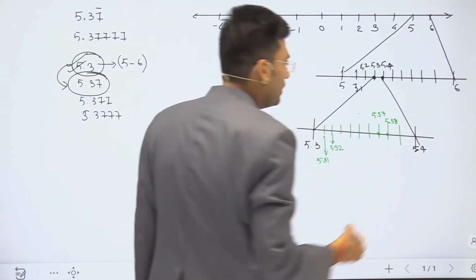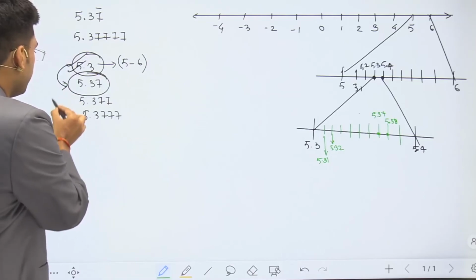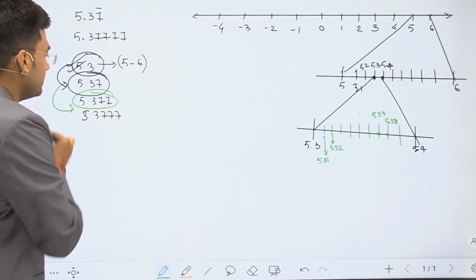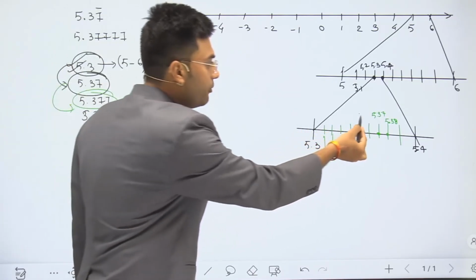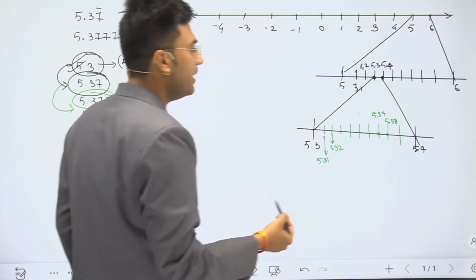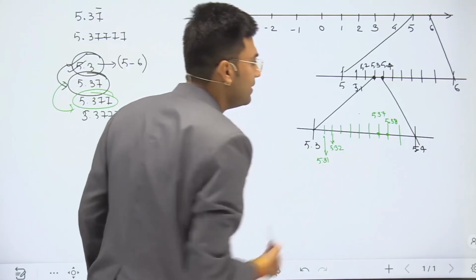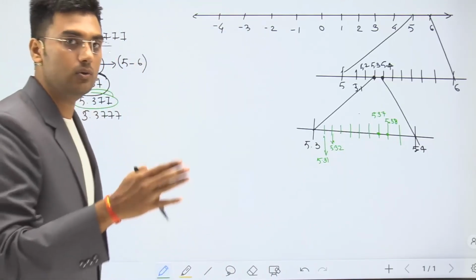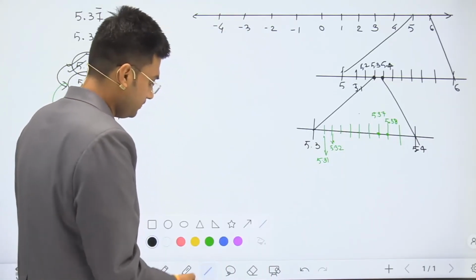Now we have to represent 5.377. It lies between 5.37 and 5.38. So again we divide 5.37 and 5.38 into 10 equal parts.